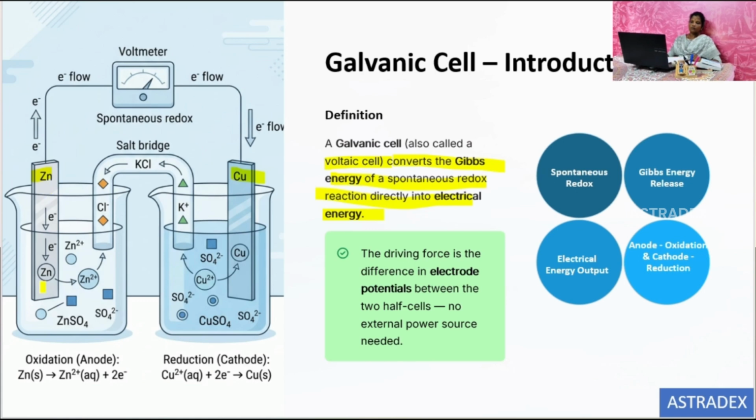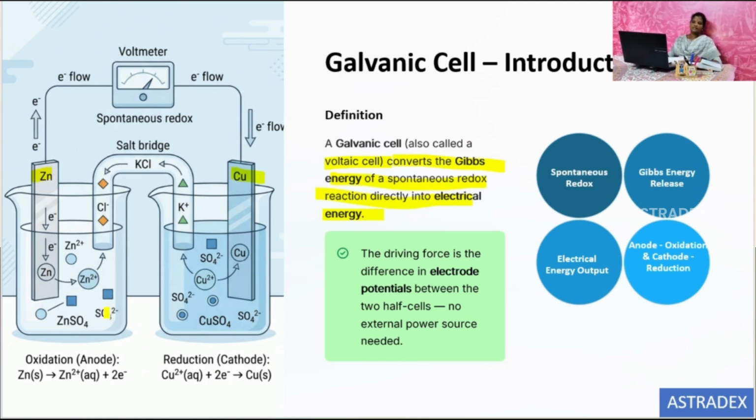The zinc dissolves into the solution as zinc 2 plus, and the electrons are left in the electrode itself, and by means of that they flow from one terminal to the other. On the right side, the Cu2 plus ions present in the solution accept 2 electrons and deposit as copper at the copper electrode.